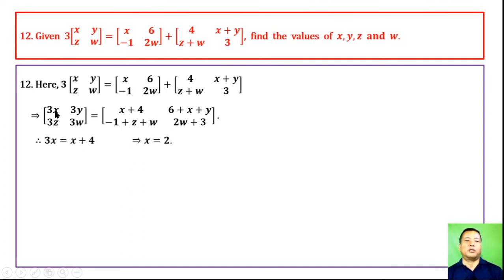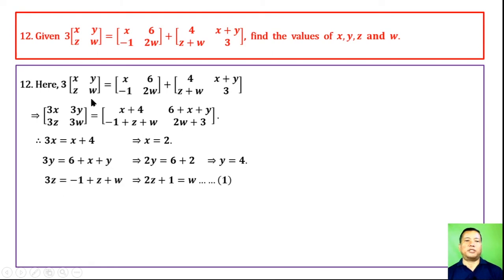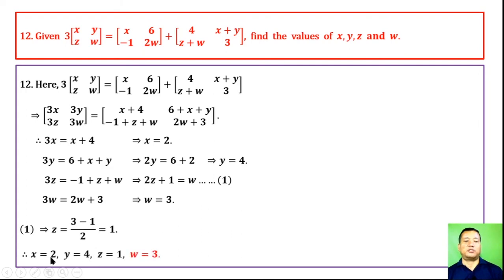Equating, thrice x equals the other side, so the value of x is 2, and thrice y gives the value of y as 4. Then corresponding to thrice z we get an equation, and 3w equals 2w plus 3, so the value of w is 3. Substituting in equation 1, the value of z is 1. Therefore x is 2, y is 4, z is 1, w is 3.